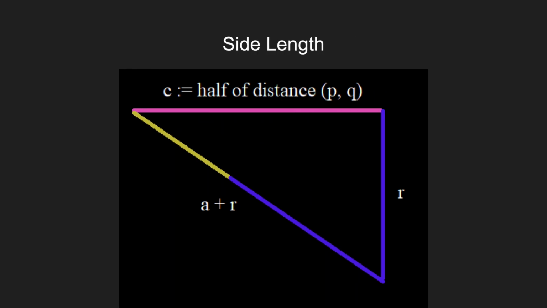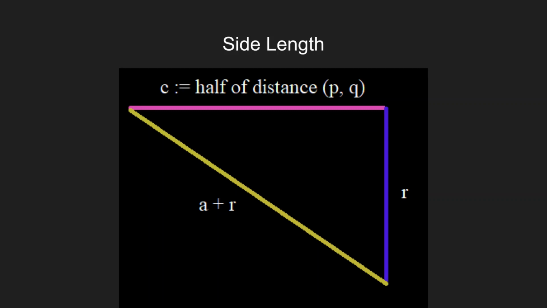Now, we don't really want that hypotenuse to be colored purple and yellow, so let's just color it all yellow for now. So if we go and make any diagrams or pictures with this triangle, it's much easier to understand what's going on.